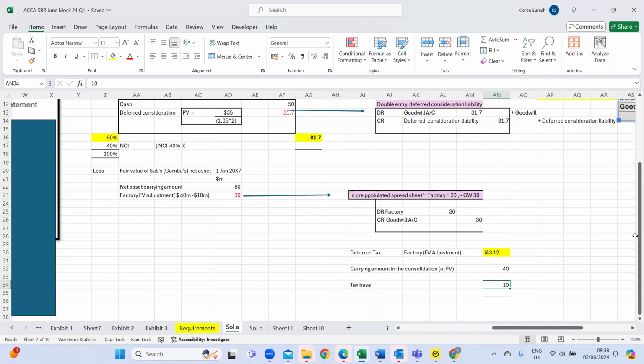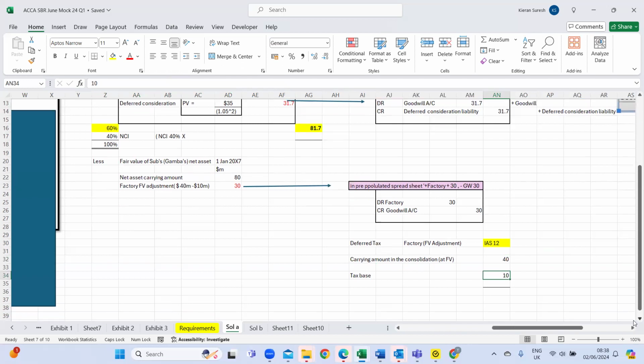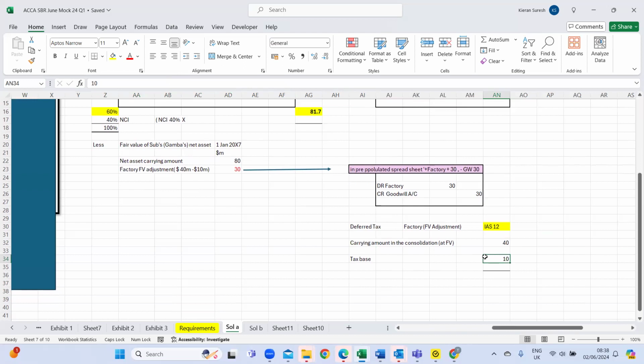Now, how do you know whether you're going to get a deferred tax liability or a deferred tax asset? It's an asset that we have.